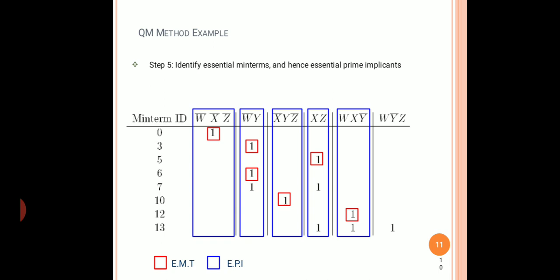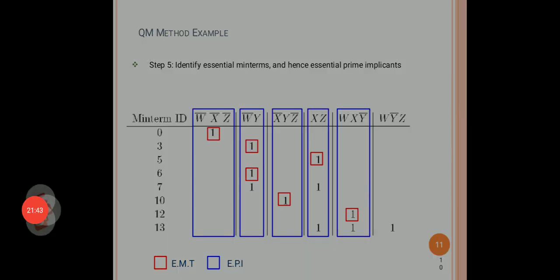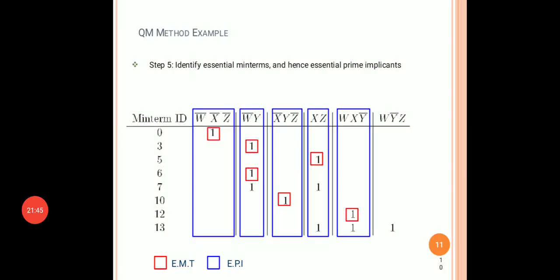So observe the first row in front of the 0. How many times is 1 there? Only one time. So make a red square or red circle. Observe the second row, that is in front of the min term ID 3. How many times is 1 there in that row? Only one time. So only one 1 is there, that's why square that.